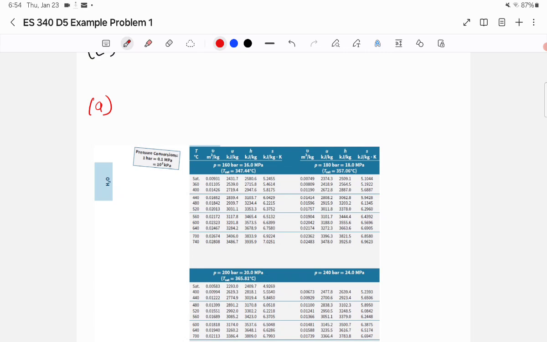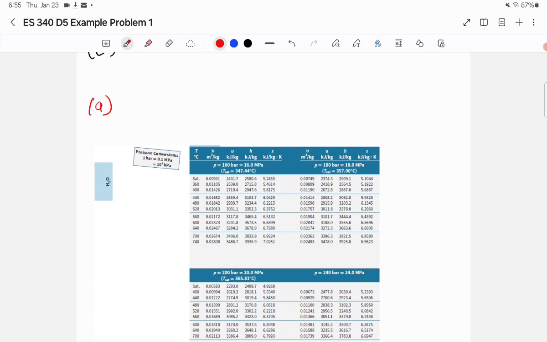In this case, you can probably guess, because there's a high pressure and a high temperature, that we probably are in the superheated vapor region. We have to verify that that's the case, but immediately you should be thinking, if you have high pressure and high temperature, the combination of the two, you're probably in the superheated vapor.